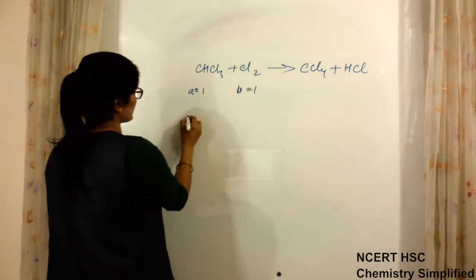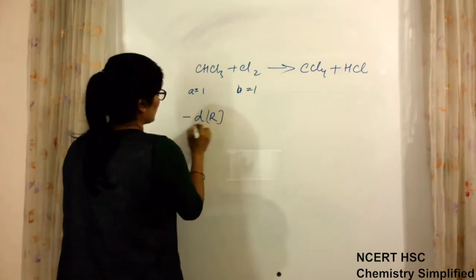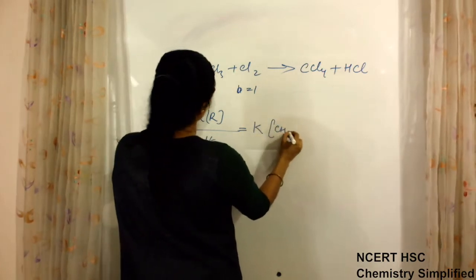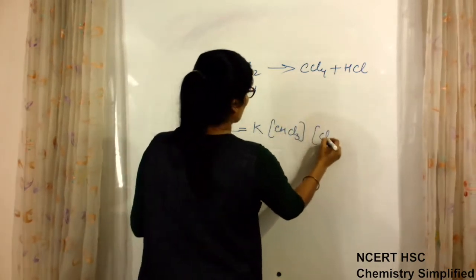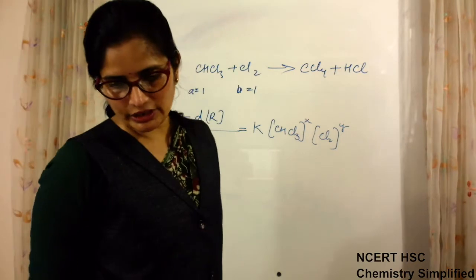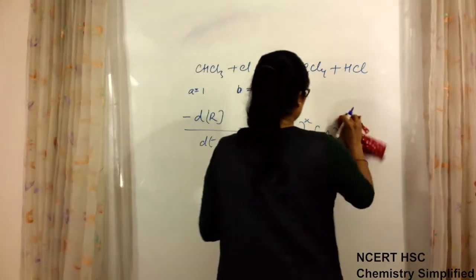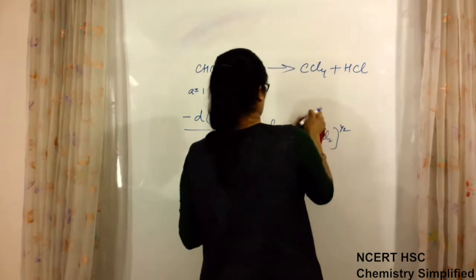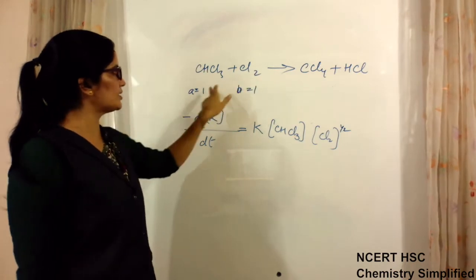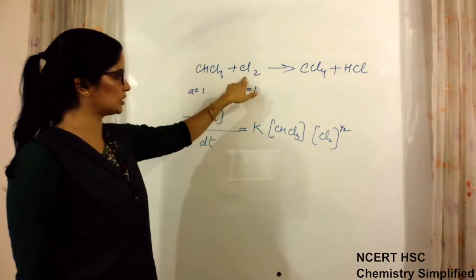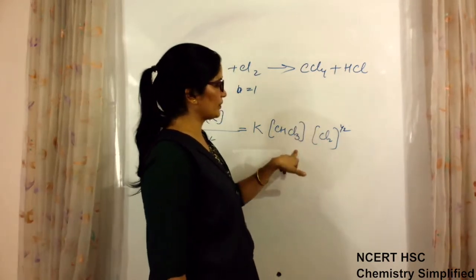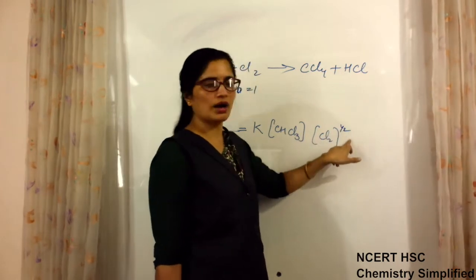But when the order of reaction was found, the rate law was like this: K, concentration of CHCl3, concentration of Cl2, raised to powers x and y. For this particular equation, the stoichiometric coefficients are 1 and 1, but the rate law says that CHCl3 is first order and Cl2 is half order.